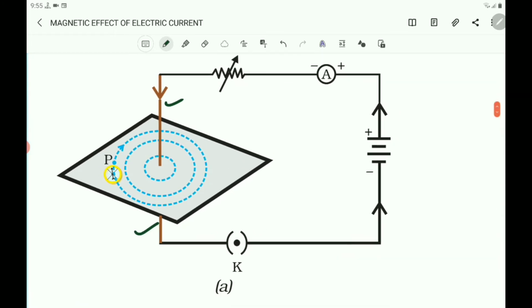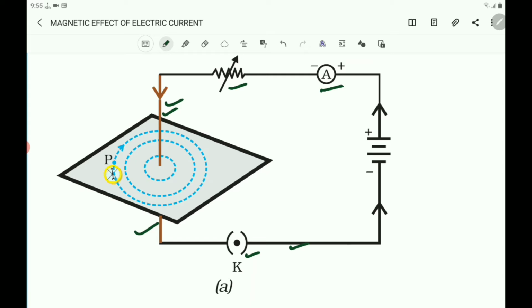Take a battery of 12 volt and a variable resistance, that is a rheostat. An ammeter you can take, that is a 0 to 5 amps ammeter, and plug key and connecting wire and a long straight thick copper wire.